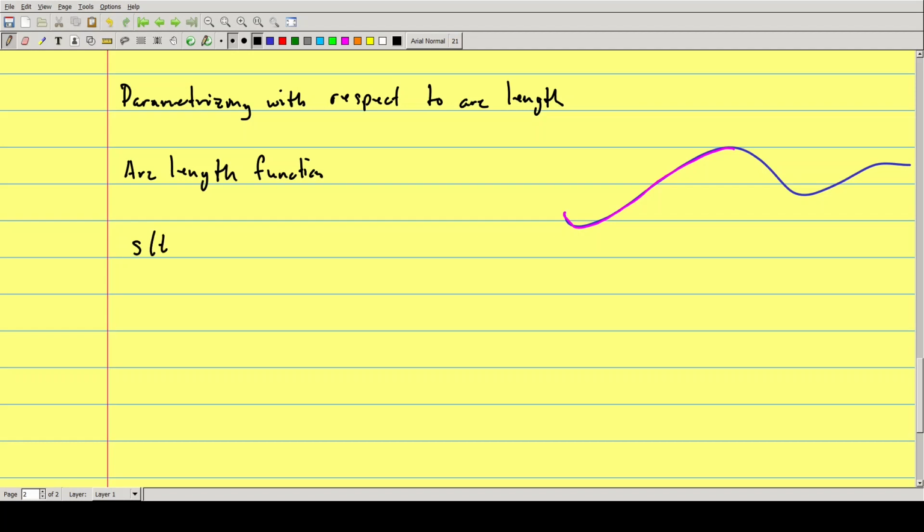We tend to use the variable s when we're referring to arc length. The reason for that is this formula for the arc of a circle. Okay, that's where the s comes from.